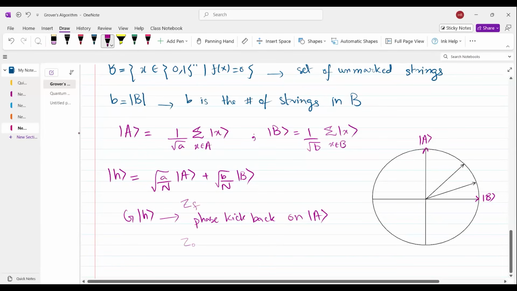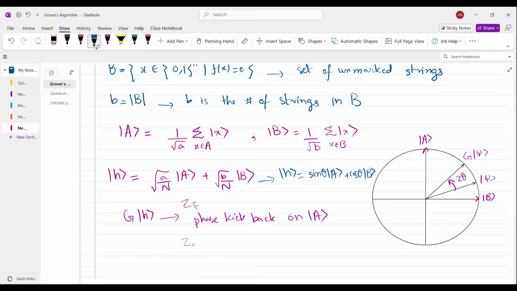The idea is that if this is the state psi, and we apply G on the state psi, it rotates the state in the unit circle by 2 theta, right? Because this state H can be represented as sine theta A plus cos theta B. So the effect of operation G on state psi is that it rotates the state psi counterclockwise by 2 theta.